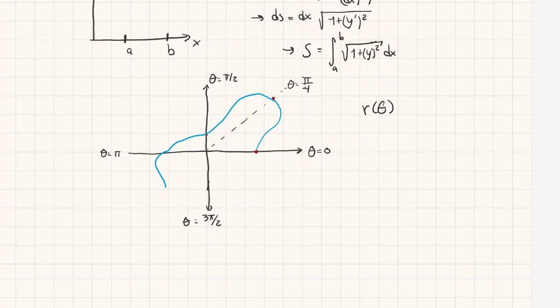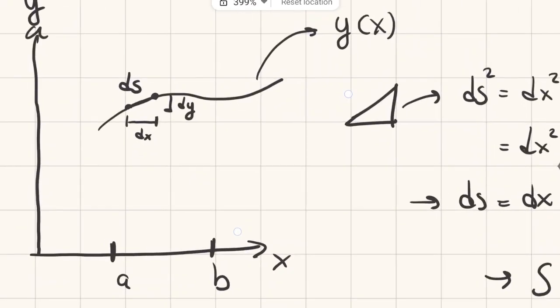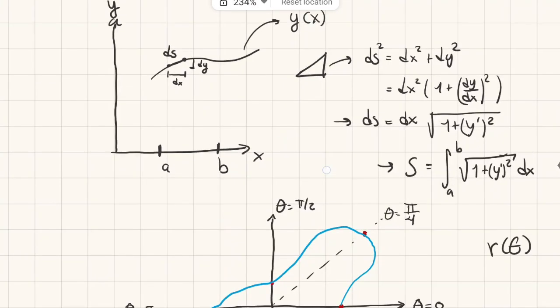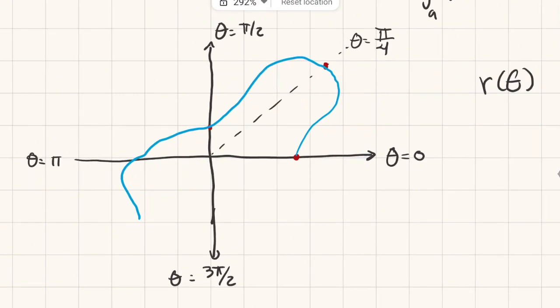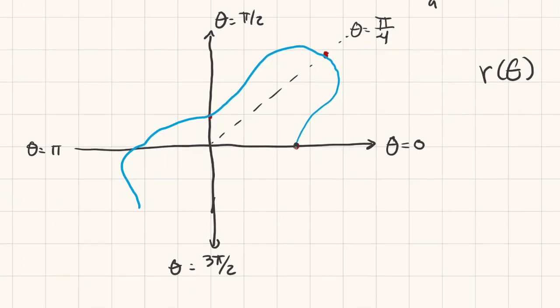Okay, perfect. So in the same manner, as we wondered what will be the length of a curve in Cartesian coordinates, we can wonder what will be the length of the curve, but now in the polar plane, right? So we can say that if we start at theta equals to 0, the curve grows in a counterclockwise way, right?